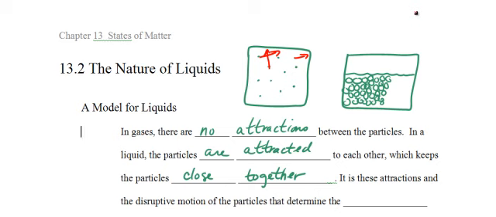As opposed to these particles over here with the liquid, say if we trace this particular particle, it's going to get bounced around, move around here, it's going to flow around here, here, here, here. It's going to be very random in its motion. So it's allowed to move around one another, but the attractive forces keep them very, very tightly packed together, which makes them flow together. All right.